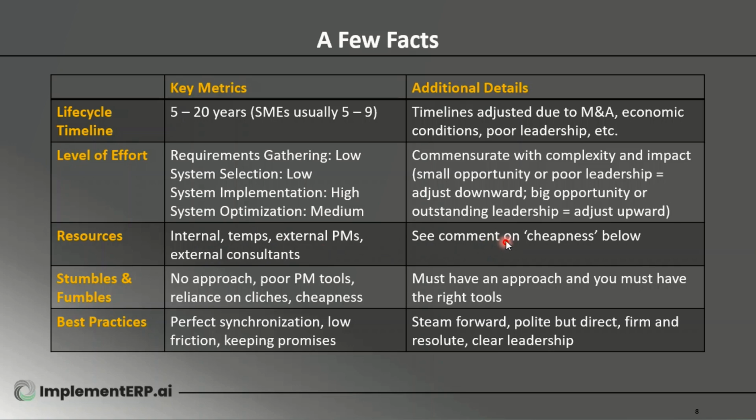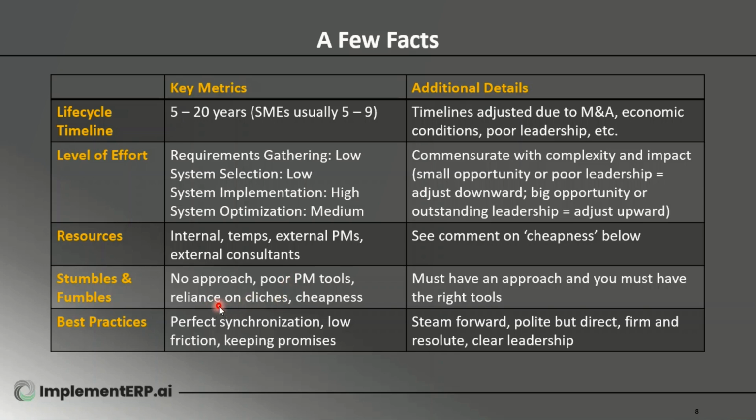And quick fun note, do listen out for the cheapness comment that's coming soon. Now, what causes issues? First of all, having no approach, so no methodology, having too many or very poor PM tools, and reliance on cliches.